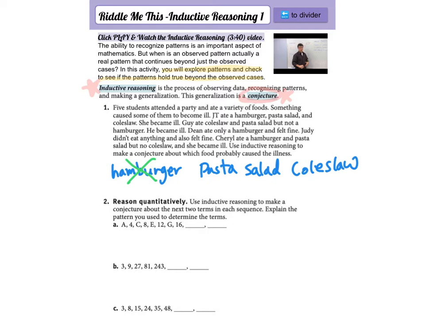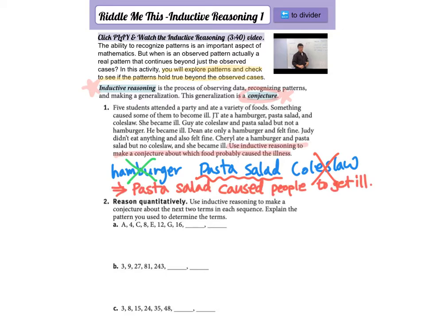And what else did she eat? She ate the pasta salad, no coleslaw, and she got sick. So use inductive reasoning to make a conjecture about which food probably caused the illness. The conjecture we can make is that pasta salad caused the students to get ill.